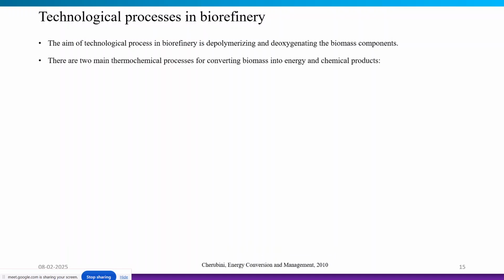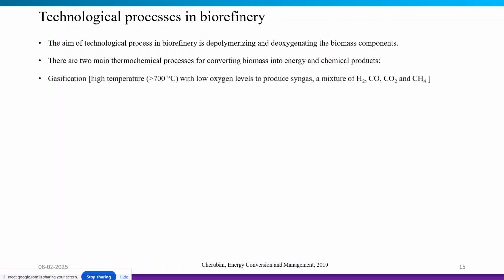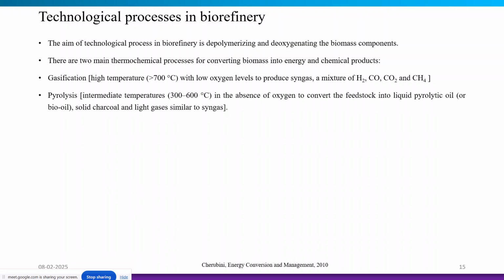So there are mainly thermochemical processes for converting the biomass into energy and chemical products. One is gasification, next is pyrolysis, and third is the hydrothermal liquefaction process.